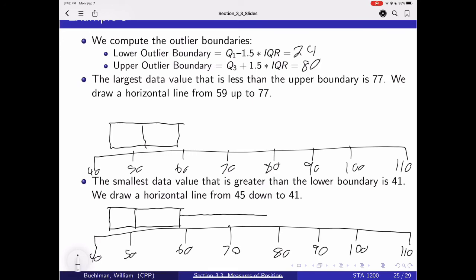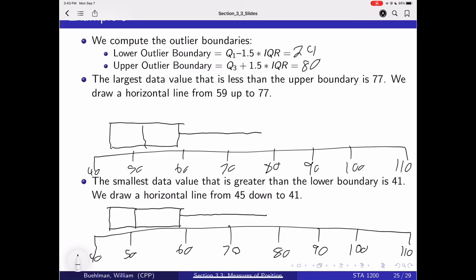The largest value in the data set that is less than the upper outlier boundary is 77. So we draw a horizontal line to that point. Even though the upper outlier boundary is 80, we don't draw it all the way to 80. We draw it to the largest value that is less than or equal to the upper outlier boundary.